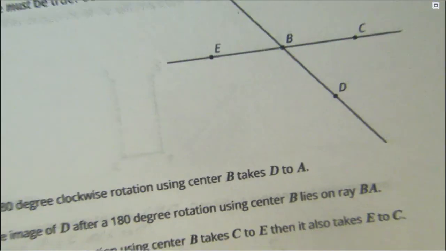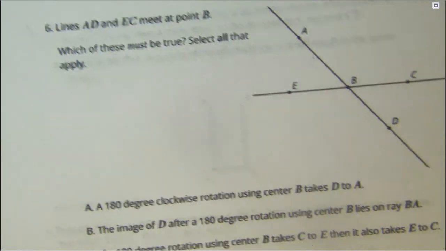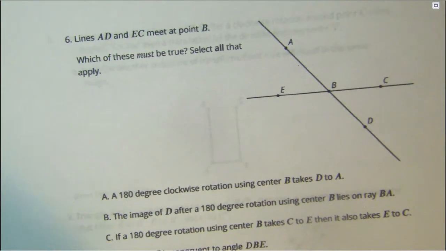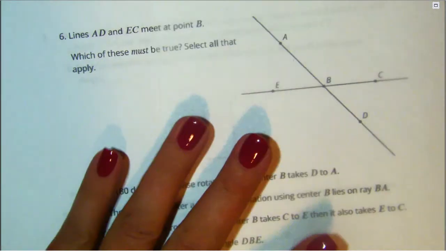Number 6 says lines AD and EC meet at point B. Which of these must be true? Select all. A 180-degree clockwise rotation using center B takes D to A. Let's see.